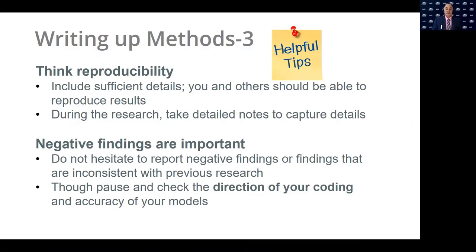So in addition to generalizability, which comes from your research design, sampling, population, and other things having to do with your methods, be sure to think about reproducibility, meaning that you should include the details on everything that one needs to know.